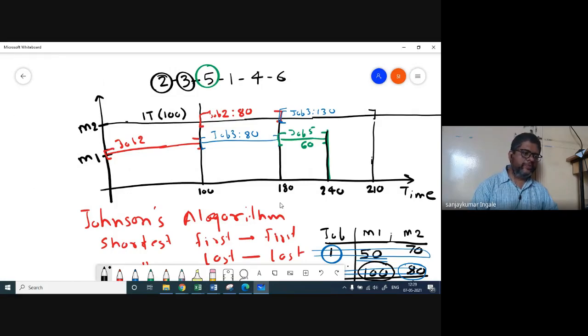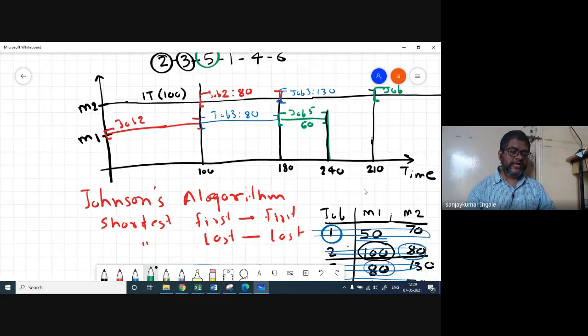Can it go on machine 2 immediately? Hello students? No, because machine 2 is busy. So the job will keep waiting, and once the previous job is done, then only I can load job 5 on machine 2. Is it clear? This is how you were supposed to construct the Gantt chart.